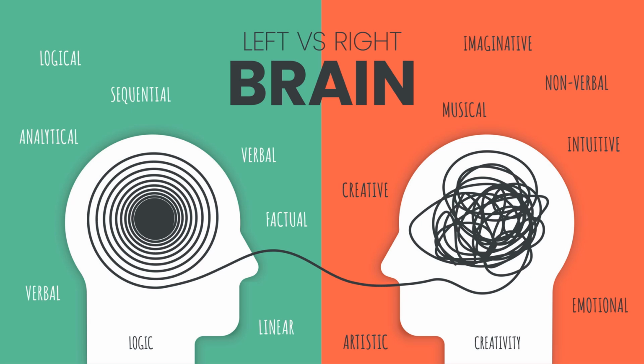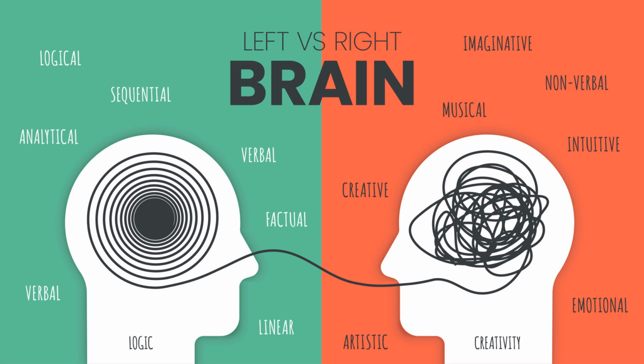So if you go to the left hemisphere, this is connected to the right half of our body, what we see is, and it is beautifully illustrated here, I think, that is the logic part. And it's logical, sequential, you see all those different words. It's analytical, it's verbal, it is where our language is, factual.